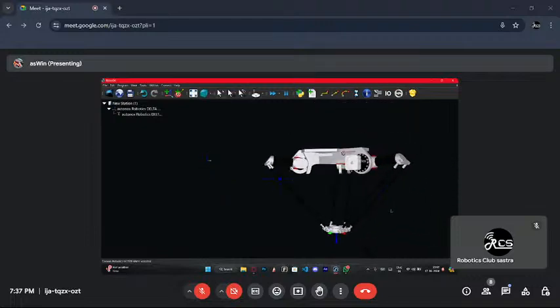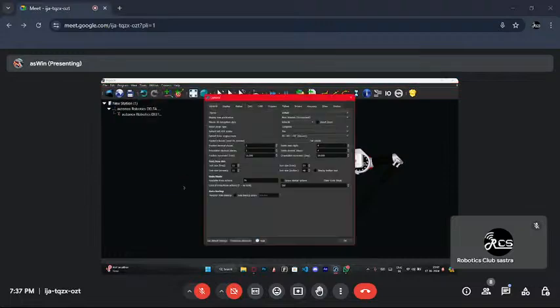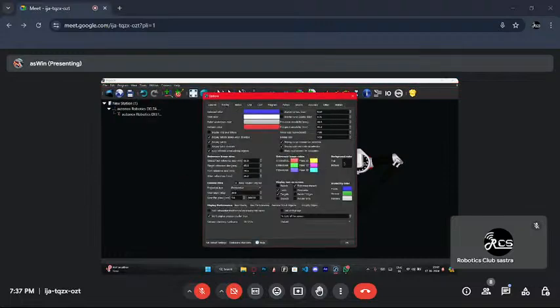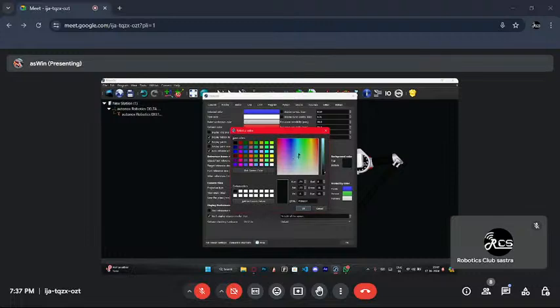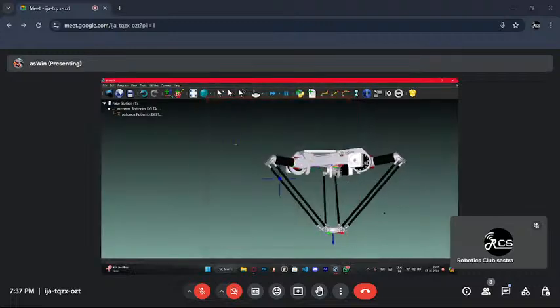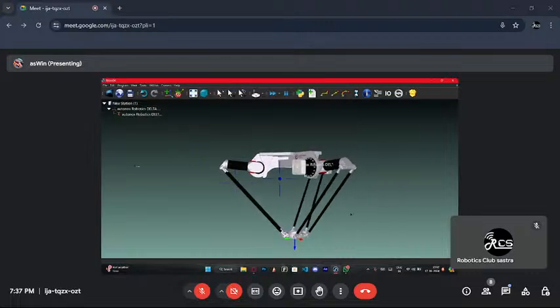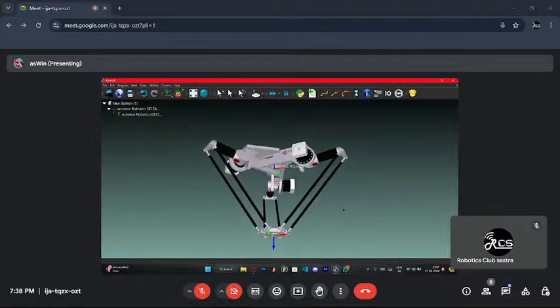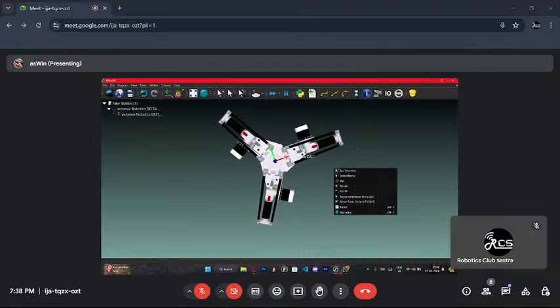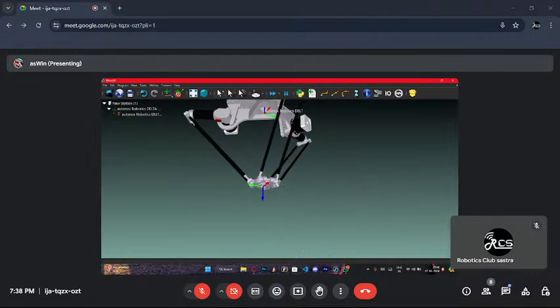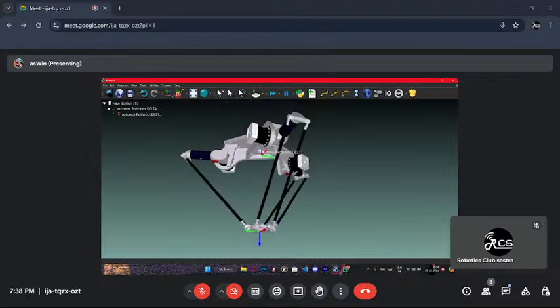Okay, the parallel, maybe I'll remove the color. The parallel manipulator has three arms that are in parallel to each other, meaning all these ends are connected at the bottom, and these ends are connected to the top.